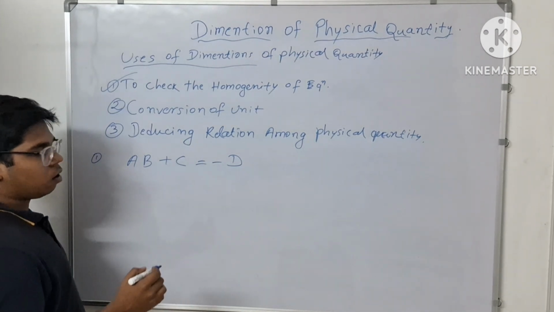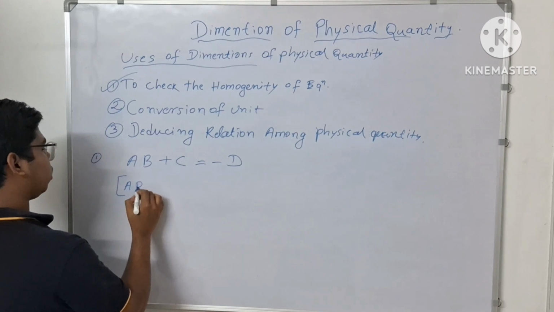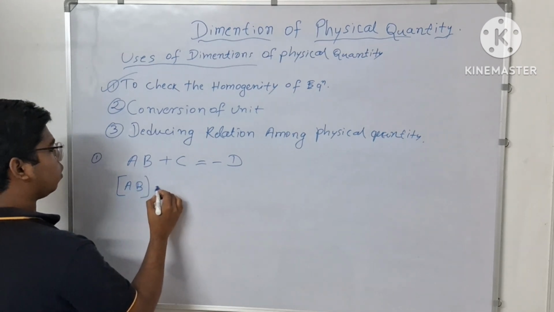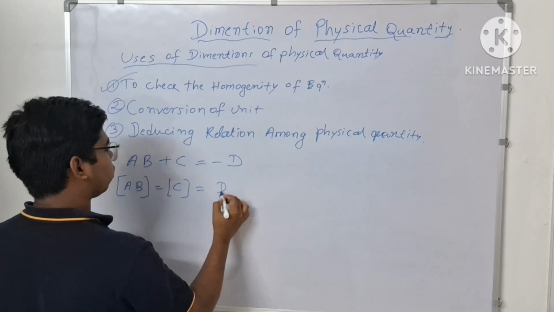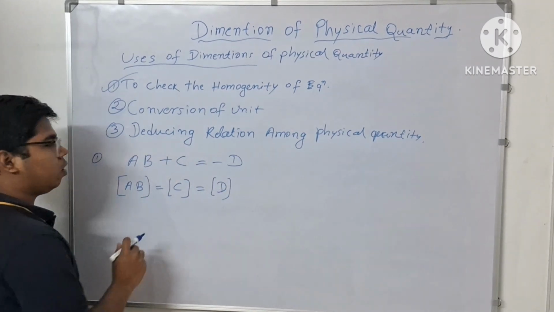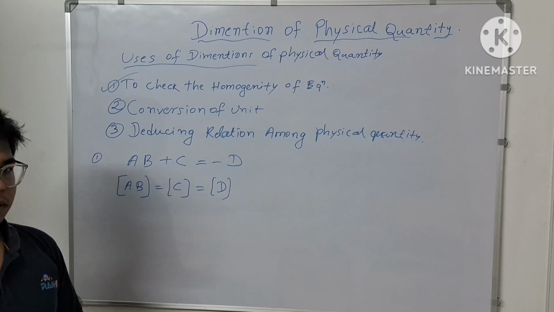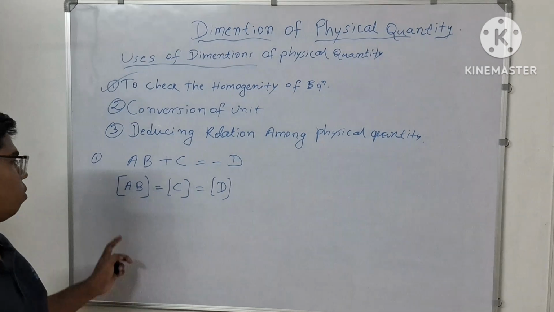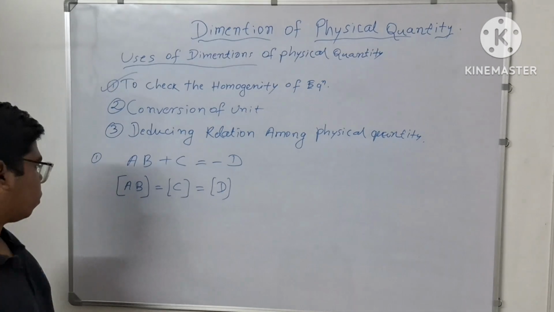So to check the dimensionality, the dimension of A multiplied by B should be equal to the dimension of C, which is equal to the dimension of D. Because we cannot add or subtract physical quantities with different dimensions. So we can only subtract physical quantities with the same dimensions.